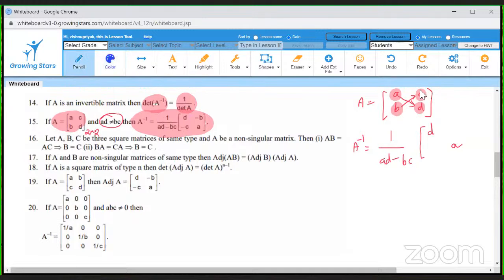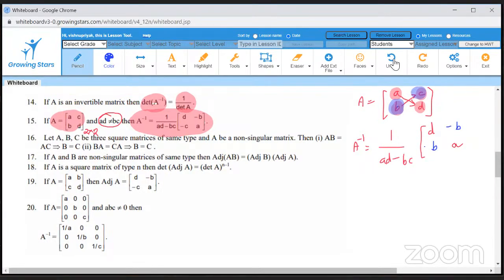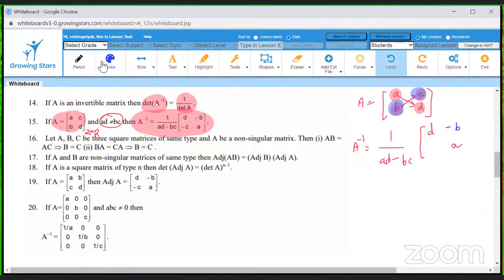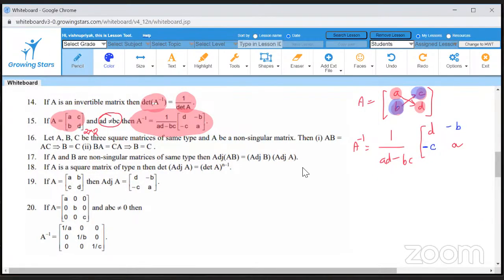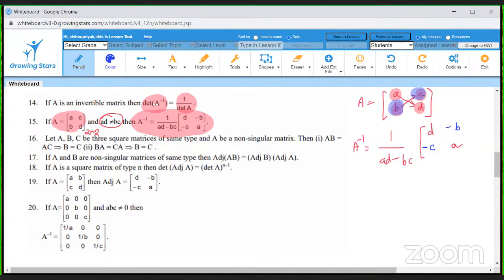But while exchanging, the sign also will change. B and C will exchange, but the sign also will change. That is what you have done. A and D will change just like that. B and C will exchange by changing the signs. This is how you can find the inverse.